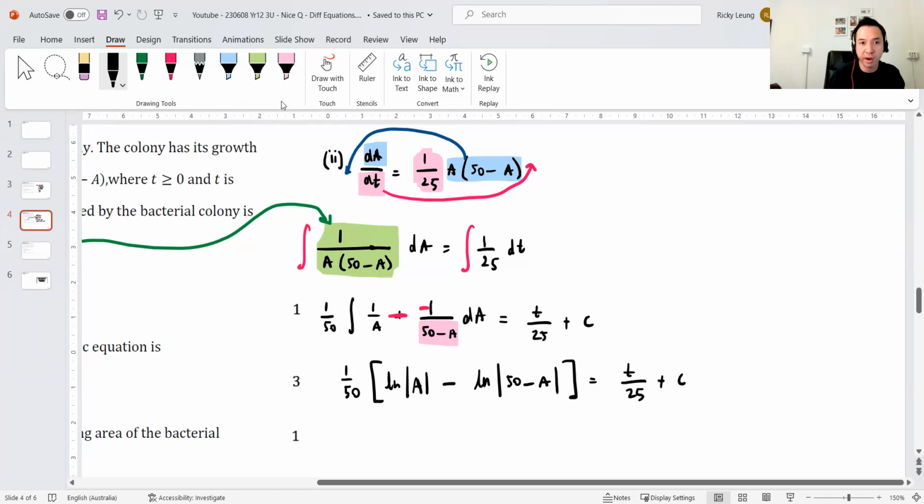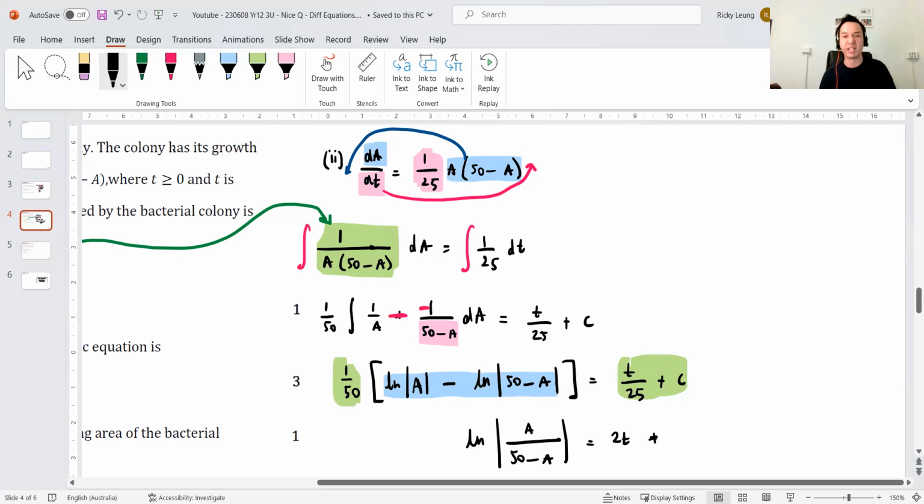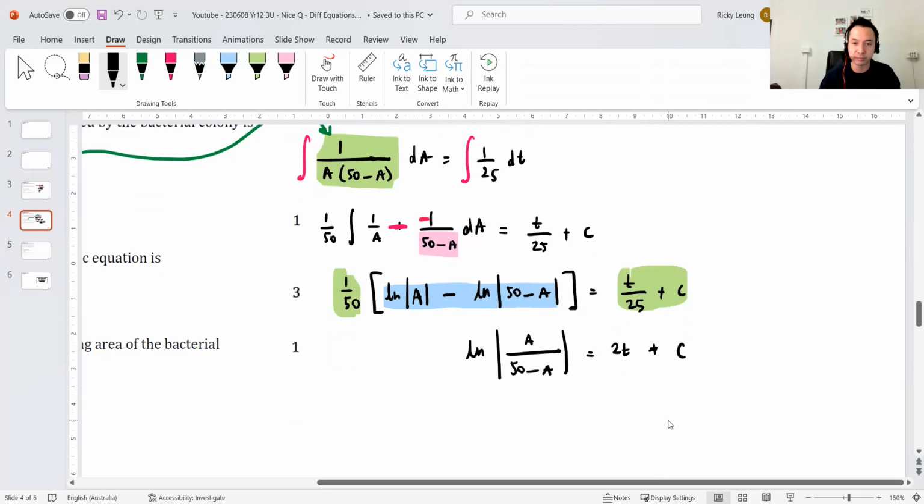I'm going to combine the logs using my log laws, minus divide, but also times everything by 50. So the 2 logs combine to give you a 50 minus a. And when I times this side by 50, that becomes 2t. Now, guys, c times 50, c is unknown, multiply by 50, it's unknown. I'll just let it be c as well, right? Don't need to change that.